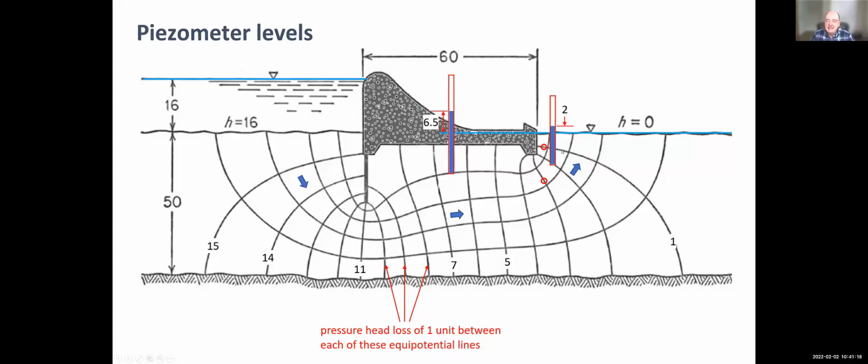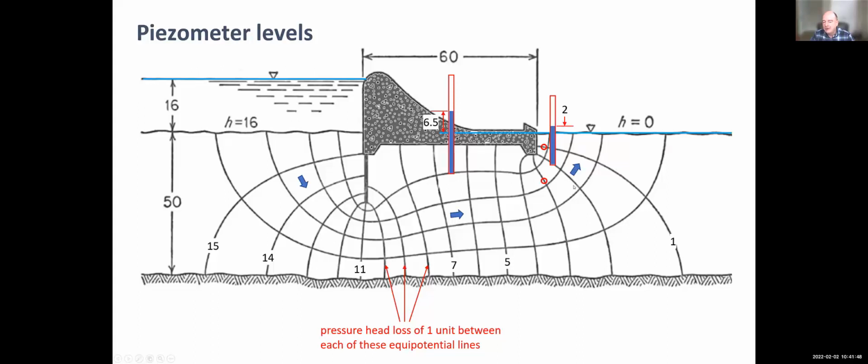Yeah, well, it's interesting looking at the other piezometer at the toe of the dam. If the tip of this open pipe is sitting here, we would record a 2-foot higher water level in that open standpipe piezometer compared to, say, the tailwater here. If that piezometer tip was over here, I would also get 2 feet. If it was over here, I'd also get 2 feet.